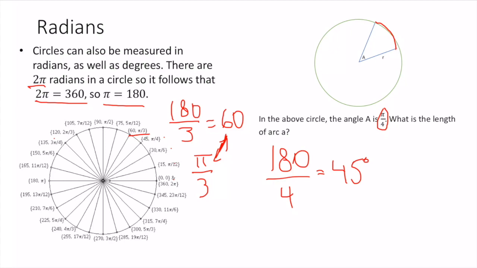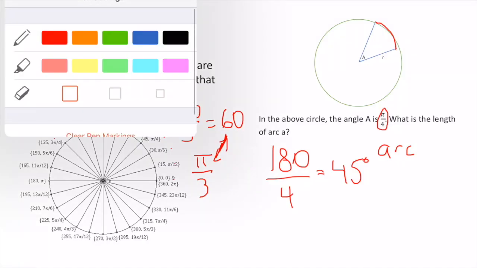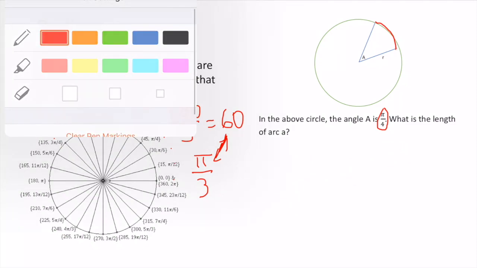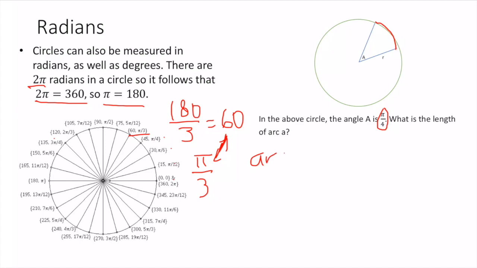I know that arc length equals whatever my degrees are divided by 360, times 2 pi r.